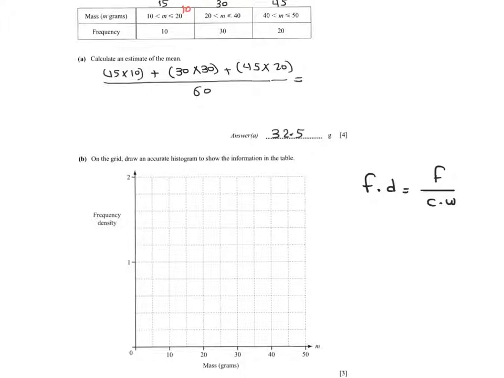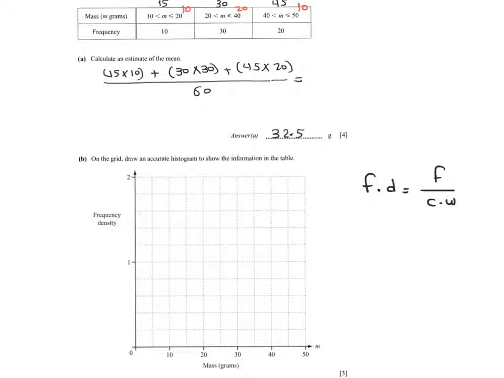For the second group, 40 minus 20 equals 20. So the class width is 20. For the third group, 50 minus 40 equals 10. So the class width is 10. So the class width, the range of each group, is the upper minus the lower.